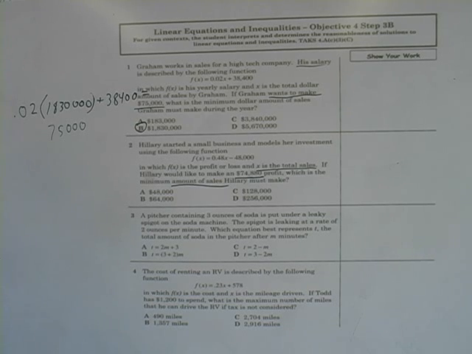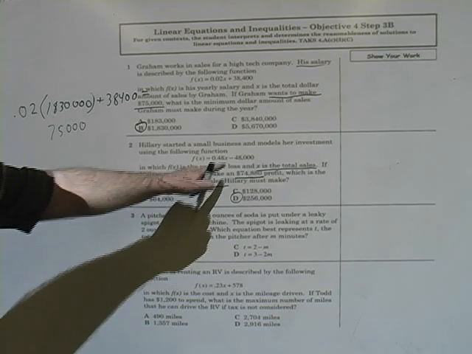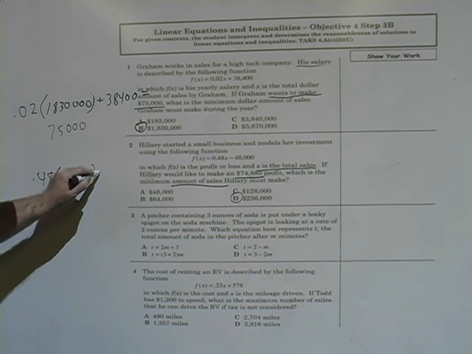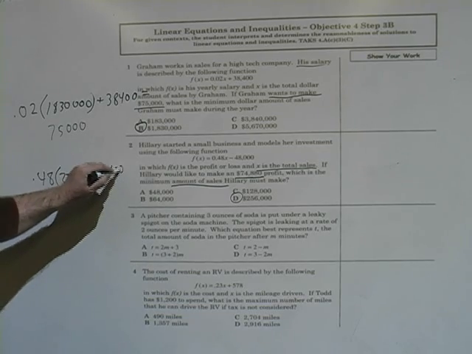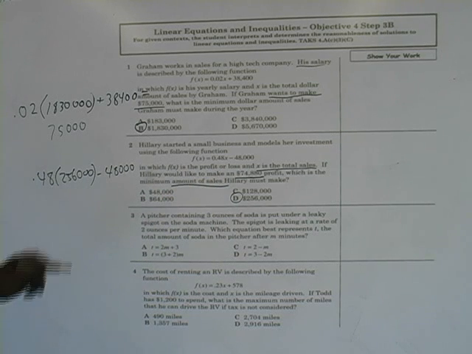And let me check that answer. And the answer is D, because when we plug that in for x, we get 74,880. Number 3.